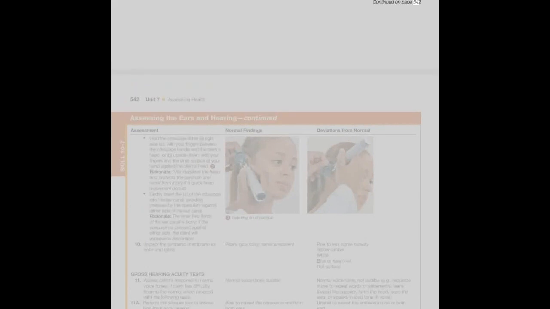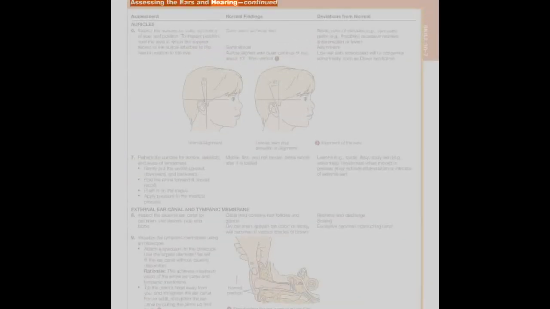Continued on page 542. Assessing the ears and hearing, continued. Skill 30-7. Assessment: normal findings, deviations from normal. Auricles. 6. Inspect the auricles for color, symmetry of size, and position. To inspect position, note the level at which the superior aspect of the auricle attaches to the head in relation to the eye.